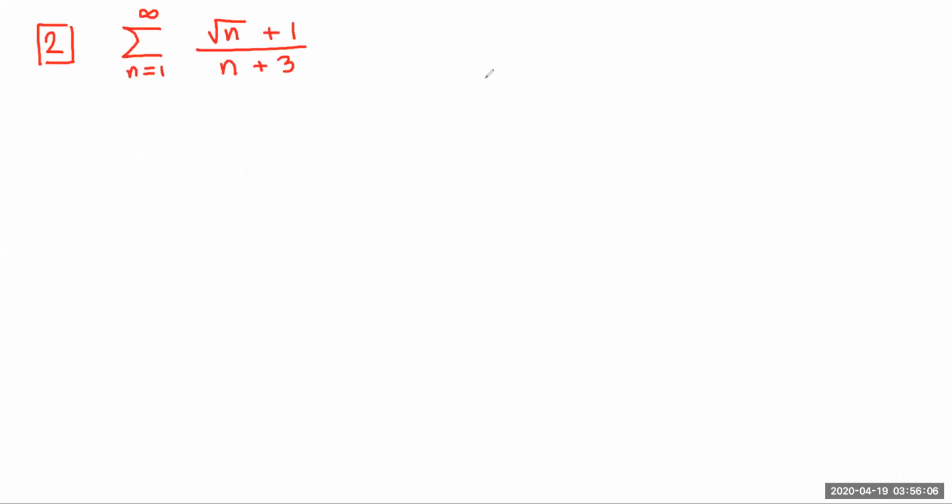In the next exercise, we'll suppose an is root n plus 1 over n plus 3. And let's define bn as root n over n, so it's 1 over root n.